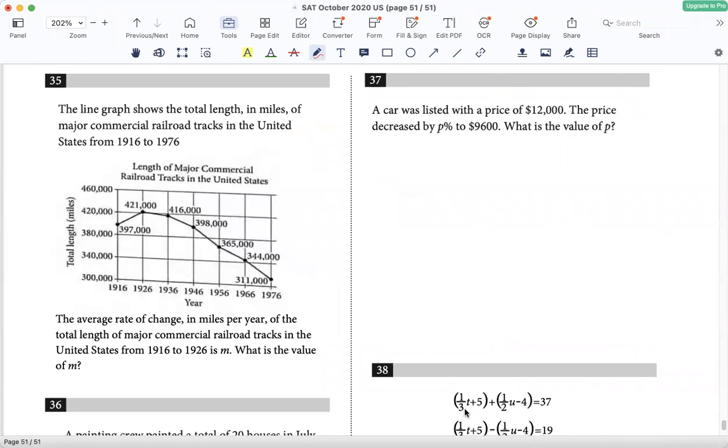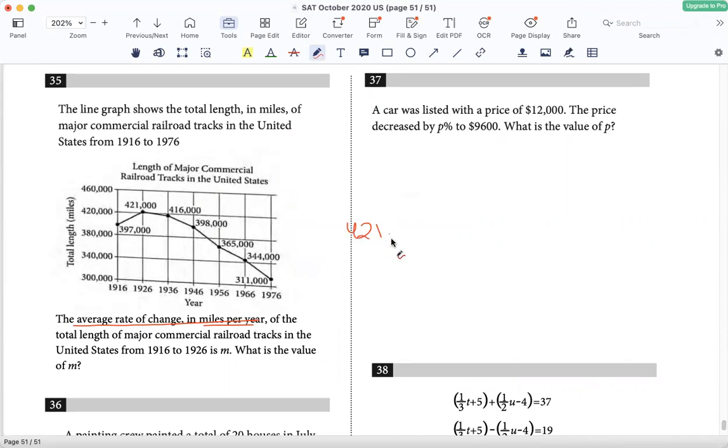The line graph shows the total length in miles of major commercial railroad tracks in the US from 1916 to 1976. The average rate of change of the total length from 1916 to 1926 is m. What is the value of m? Average rate of change in miles per year. So there are 10 years.